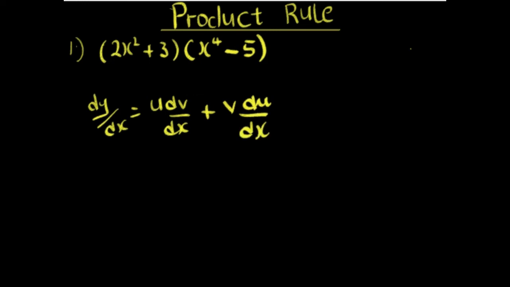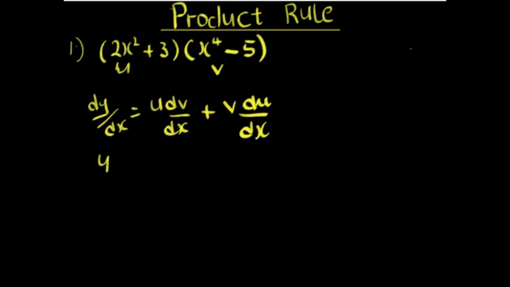Now let me explain what this formula would mean. You already know from our previous video that dy over dx is what you're going to have for your differentiation. In order for us to solve this question, you need to realize that the first bracket would be u, and your second bracket would be v. That's what we have in this case. So let's solve with that now.